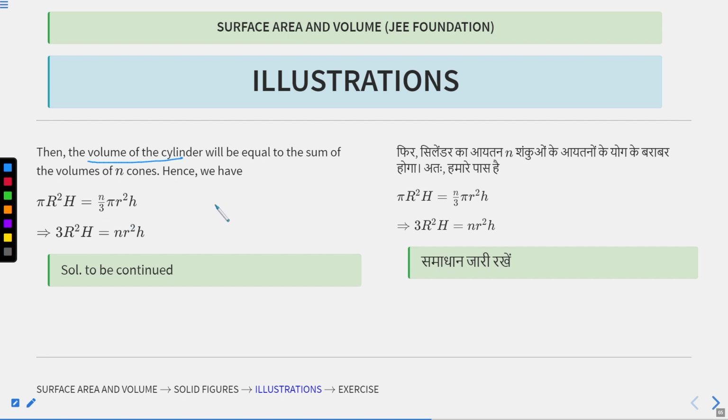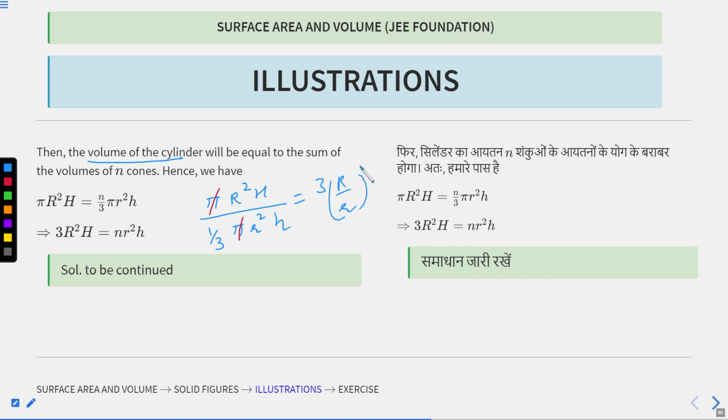Because the cones are made out of the cylinder, the cylinder volume is going to be divided by the formula for the volume of the cone. So it is 4 pi this. Now just these will get cancelled, and by solving this will give me R by r.